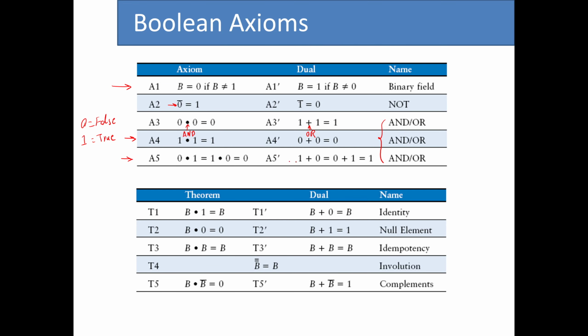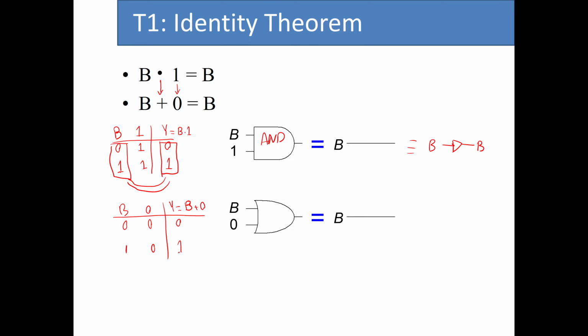So 1 OR 0, that is A5 prime, equals 1. And then you can again see that these two columns are exactly equal. So that is why b OR 0 equals b. Again, this is equivalent to b going through a simple buffer.